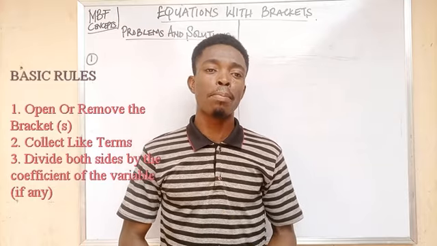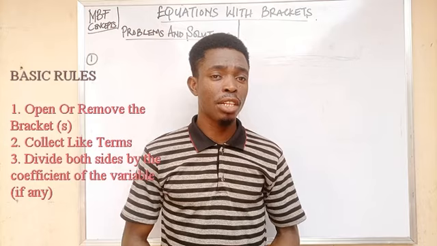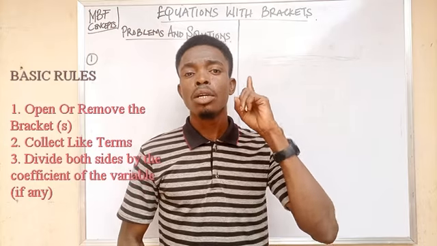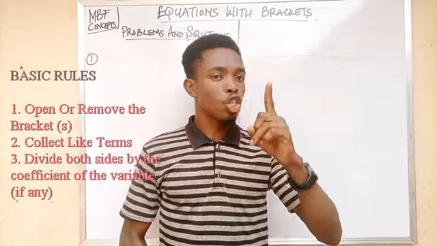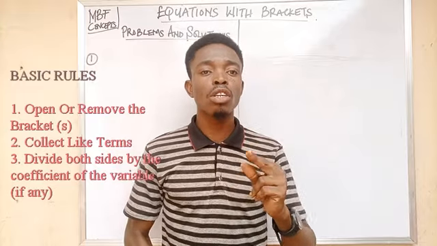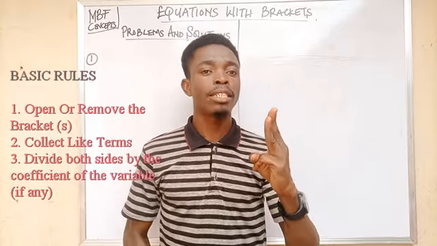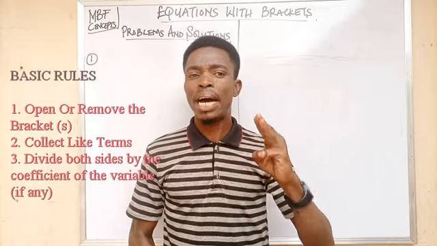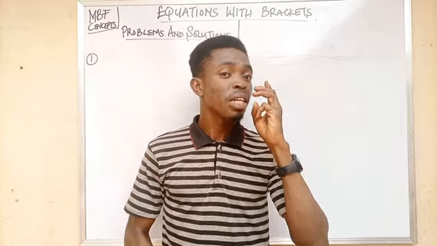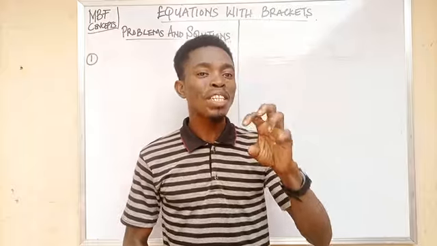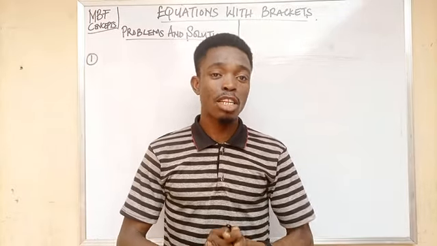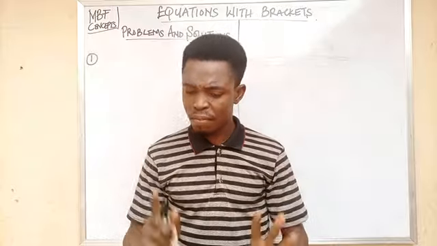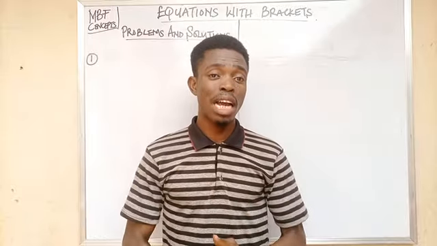Third is to divide both sides by the coefficient of the variable. I come again. Number 1 thing you must do under equation with brackets is to remove the brackets. Second is to collect like terms. Then third is to divide both sides by the coefficient of the variable, if any.